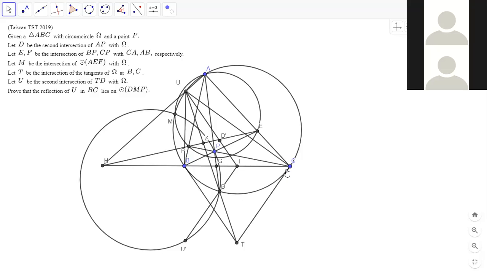That's weird because we know U prime, I, and B are collinear.